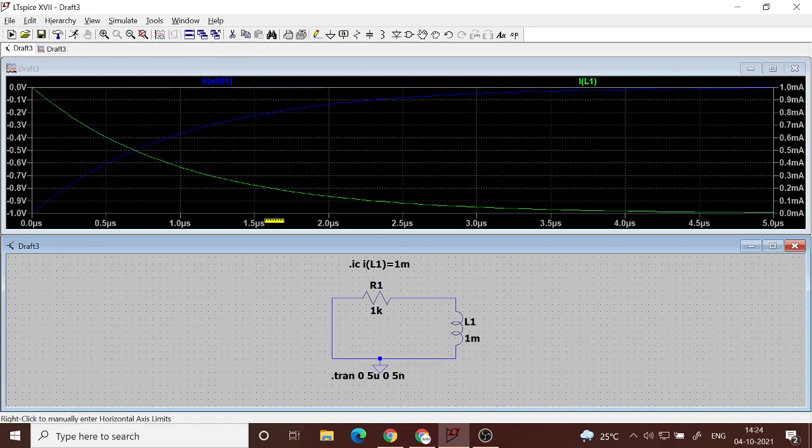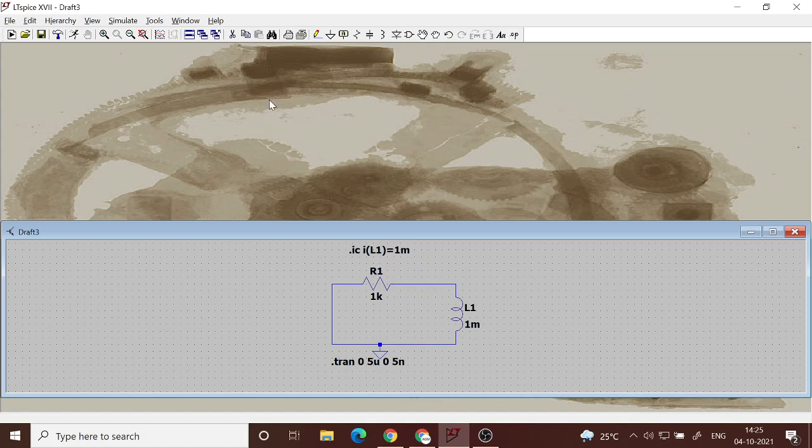That's all. Otherwise the left point is the ground point. Alright, so any question on this simulation? Okay, there is no question, we'll go forward.